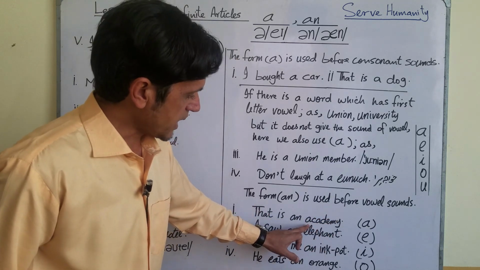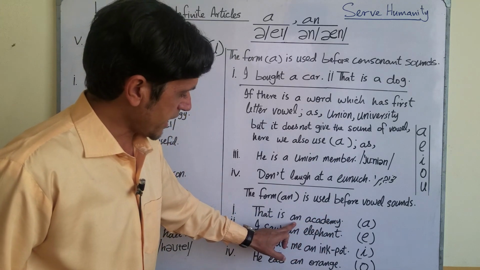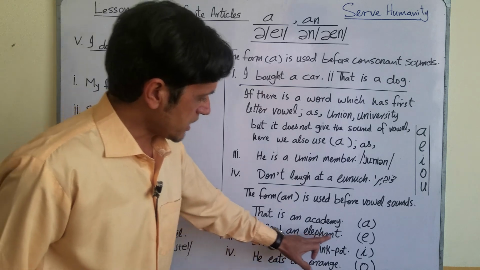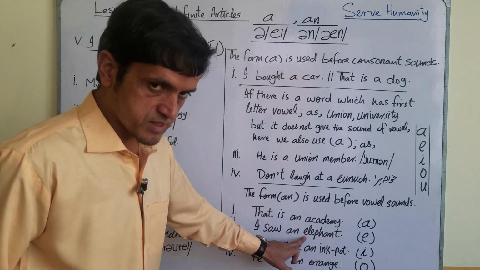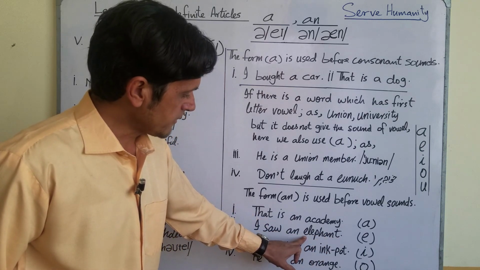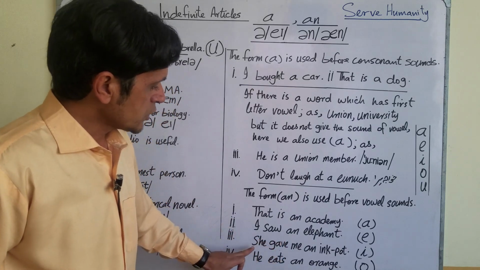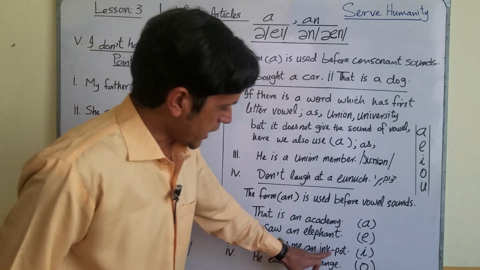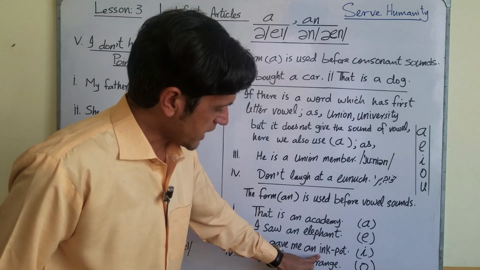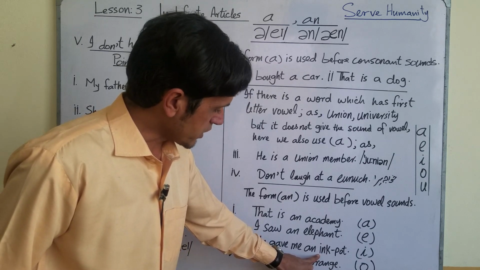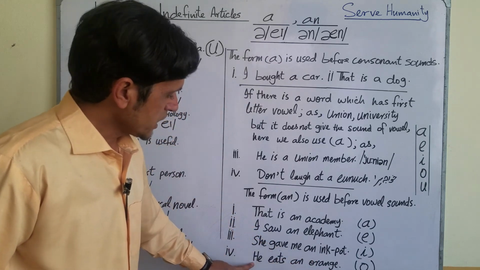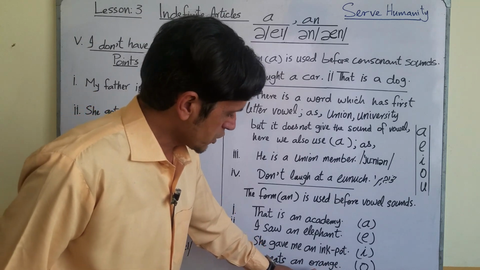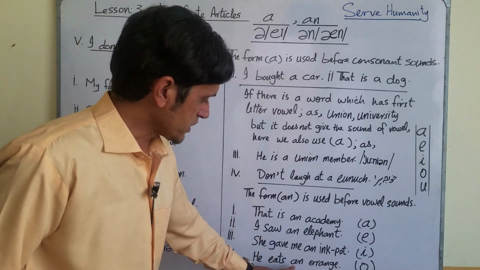Now you see A is a vowel, so we will write an here. I saw an elephant. E is the first letter and it is a vowel, so we write an here. She gave me an ink pot. Now you see ink, I is a vowel, so we write an here. He eats an orange, so O is a vowel and we write an here.